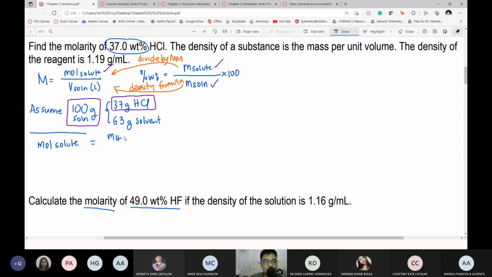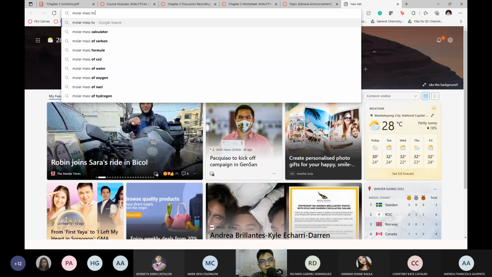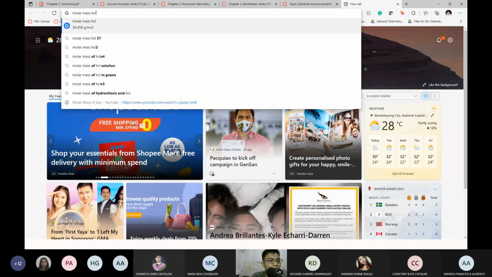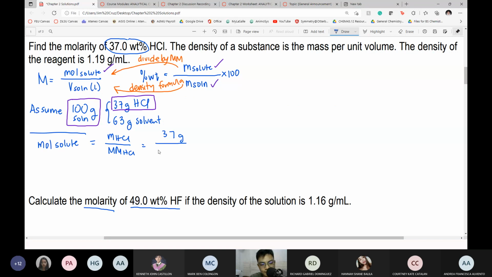So, that is the mass of HCl divided by the molar mass of HCl. The mass of HCl is 37 grams according to our assumption. And the molar mass of HCl is 36.458 grams.